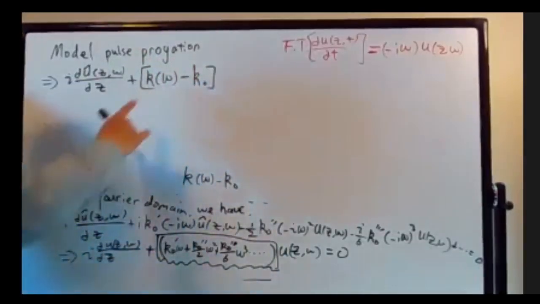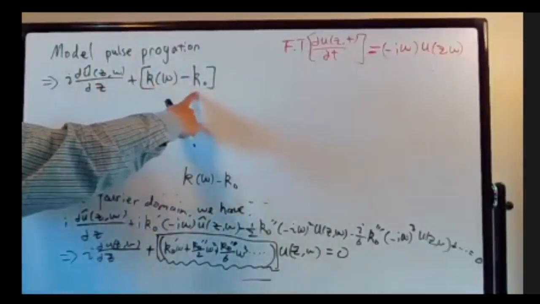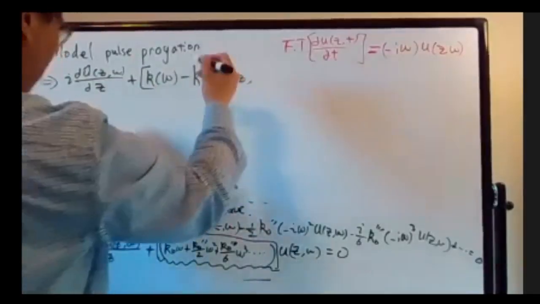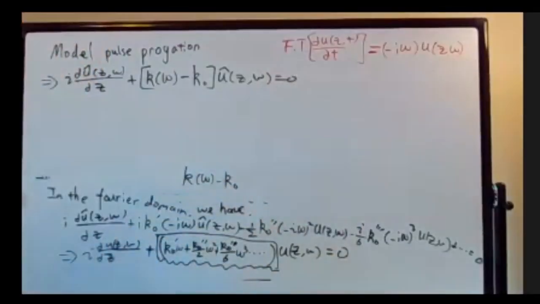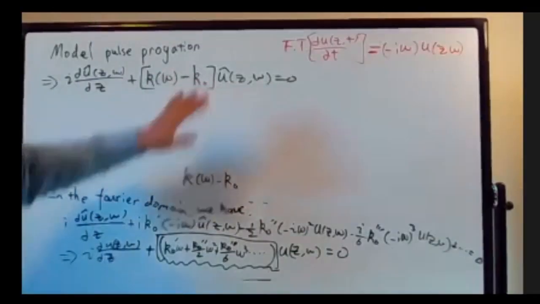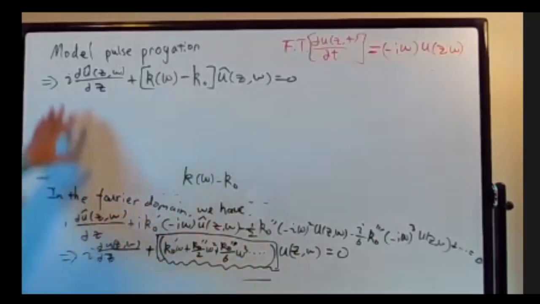This is the shifted K, shifted K minus K naught. And then we have U hat z omega equal to 0, right? So this actually includes all the high order terms. So we just derived this pulse propagation equation.